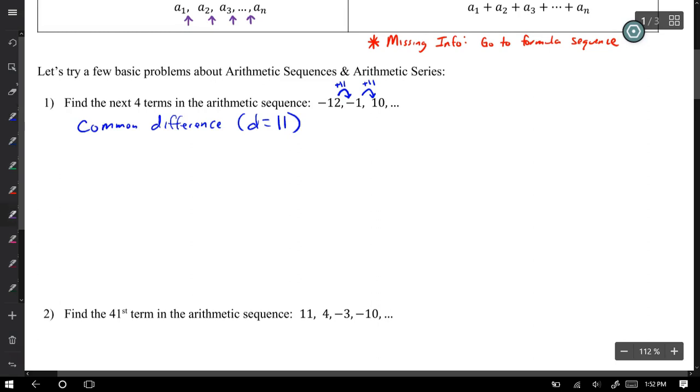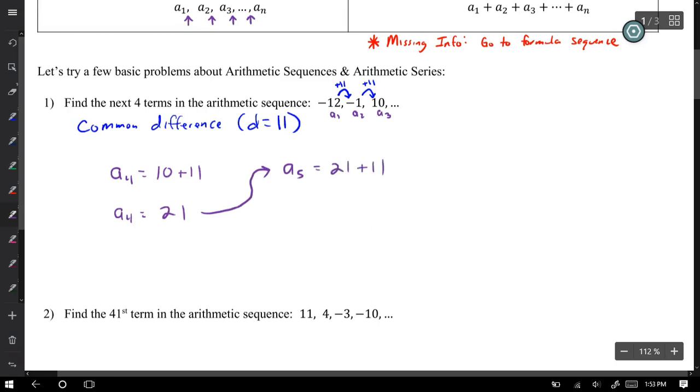So if I want to find the next four terms, here's a1, here's a2, here's a3. The next term is going to be 10 plus 11, so that's 21. The fifth term, I'm going to add 11 to 21.